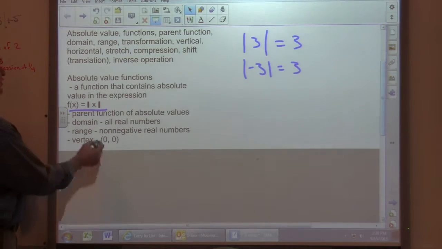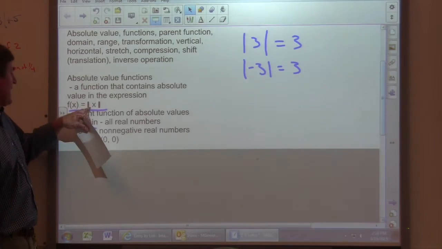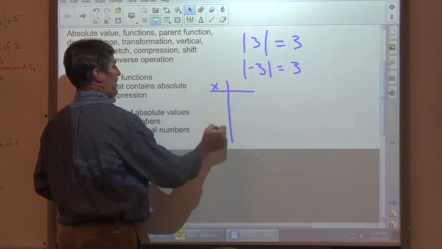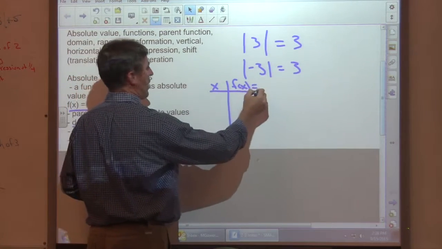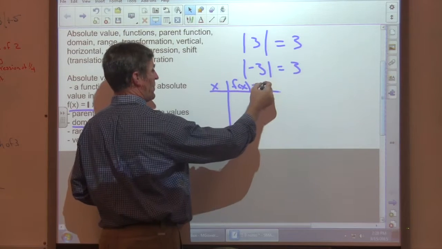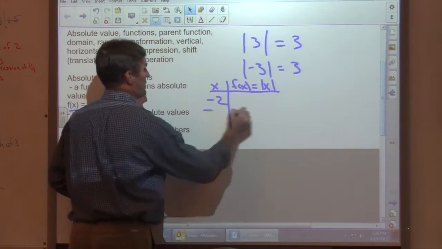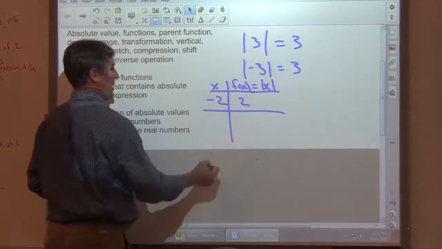In that case, the domain is your input numbers. So if we take this parent function, and we say x, and then our f of x, which you can also put as y, what you're more familiar with, is the absolute value of x. If I plug in negative 2, the absolute value of negative 2 is positive 2.